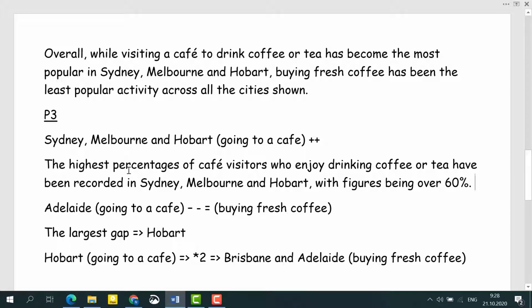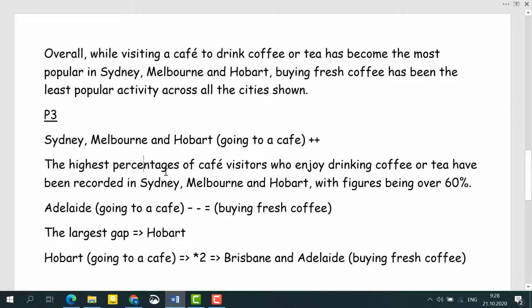Now, remember the highest percentages. You don't want to write the biggest percentages. Okay, you can just write the largest percentage. That's okay. But when we're talking about percentages, we're talking about high percentages or low percentages. So the highest, here I'm using a superlative form of an adjective. So high, higher, the highest.